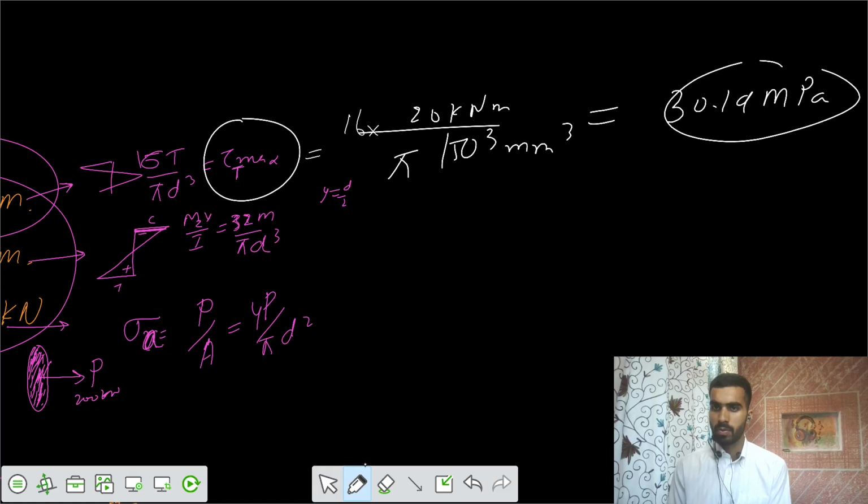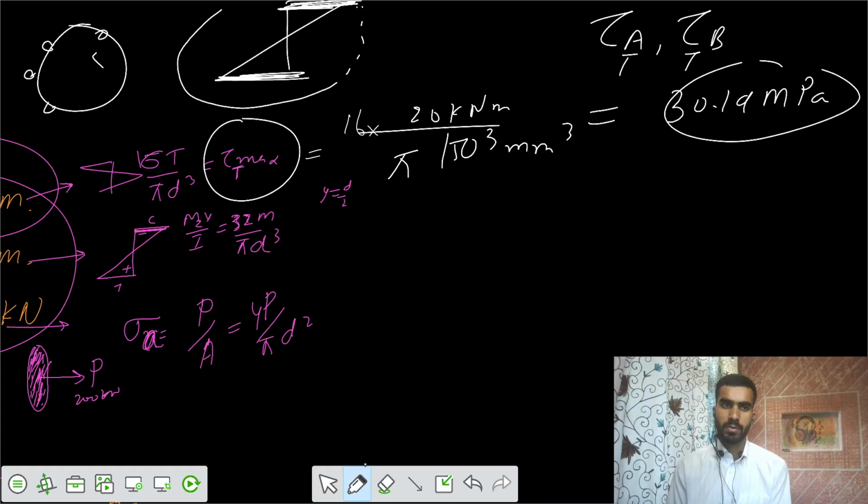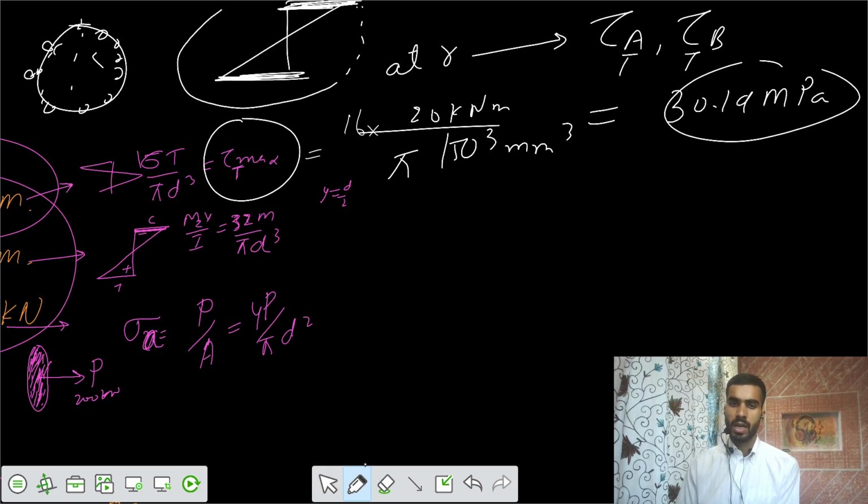And that is the same for both points. If you have tau A and tau B because of torsion, we have the same values on both sides, because tau is the same at both extremes since they are on the surface. At any point on the surface, you have the same value of shear stress because of torsion, at any r.